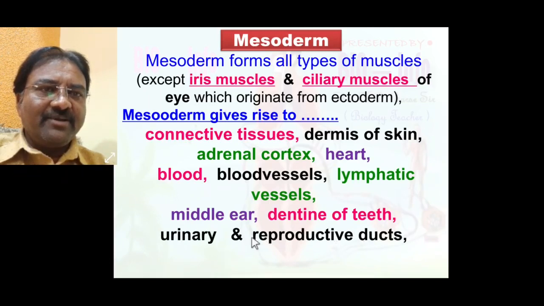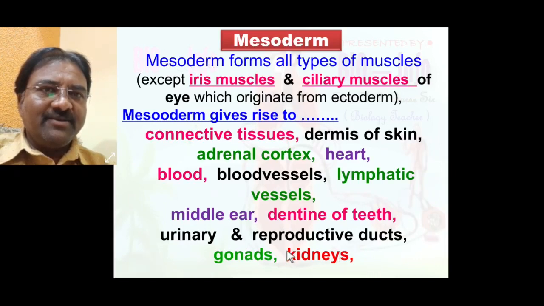Urinary and reproductive ducts, we will discuss the male and female reproductive ducts in detail. So the urinary duct, ureter and all reproductive ducts originate from mesoderm. Also gonads: the male gonad is called testes, the female gonad is called ovaries, and they originate from mesoderm.